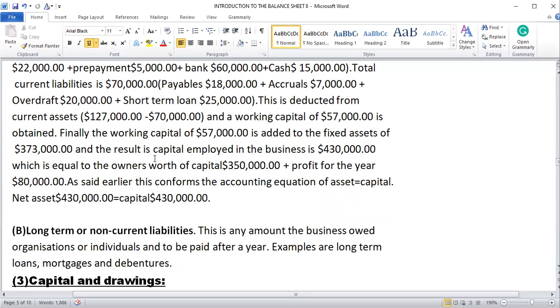So after getting your capital employed, it should be equal to the owner's worth: capital $350,000 plus profit for the year $80,000. As said earlier, this confirms the accounting equation that assets are equal to capital. The net assets of $430,000 are equal to the capital of $430,000.